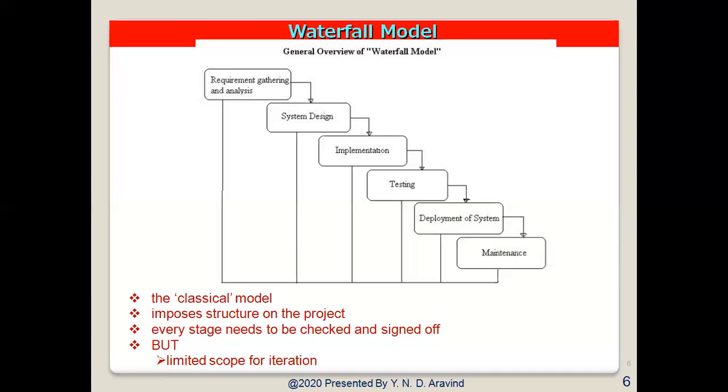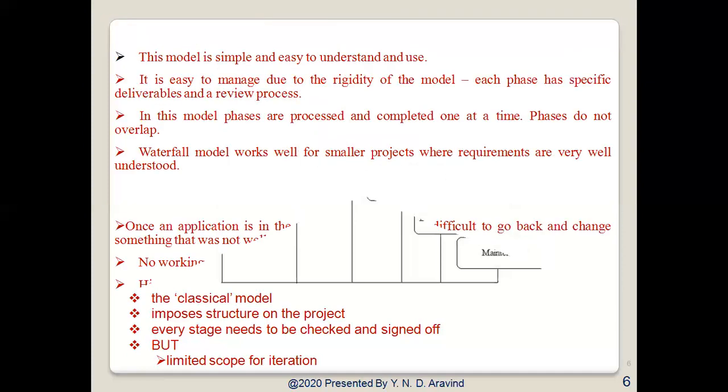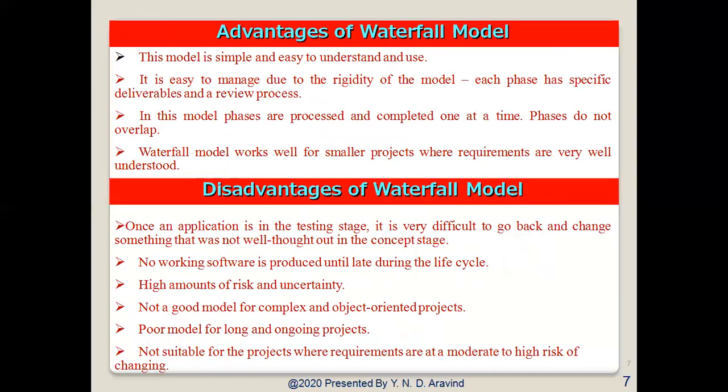So this particular waterfall model has so many advantages, and at the same time it has disadvantages. This model supports less experienced project teams and project managers or project team leaders whose composition fluctuates.